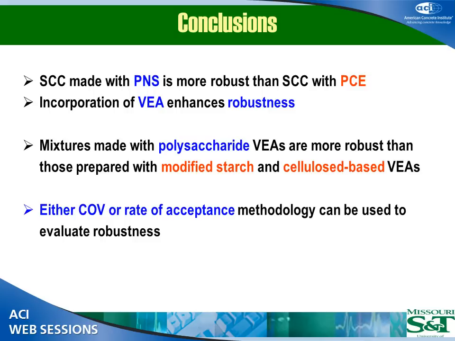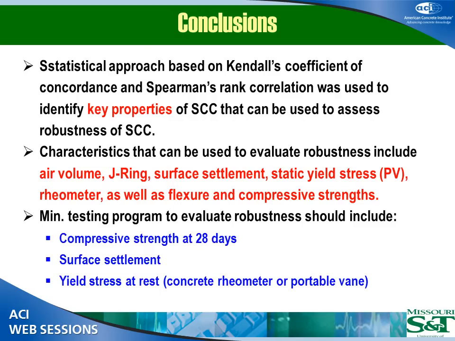And either the coefficient of variation approach or the rate of acceptance approach could be used to determine the robustness of the concrete. And then using the statistical approach for ranking, we could say that instead of going with a full-fledged study on fresh properties and mechanical properties, if you want to convince yourself that your concrete is stable, for accepting the concrete mix or the admixtures that go with it, you can look at air volume, jarring, surface settlement, static yield stress, as well as mechanical properties.